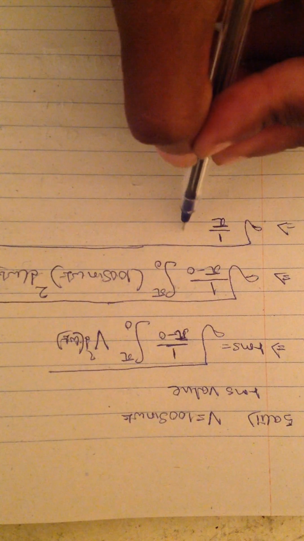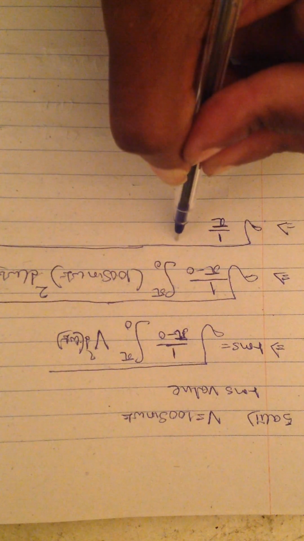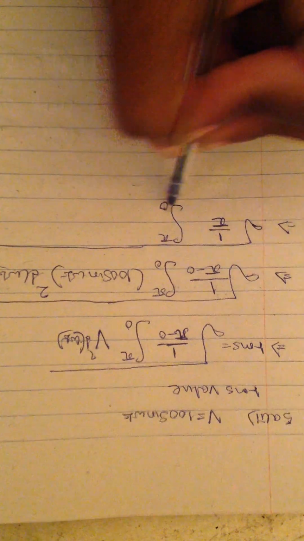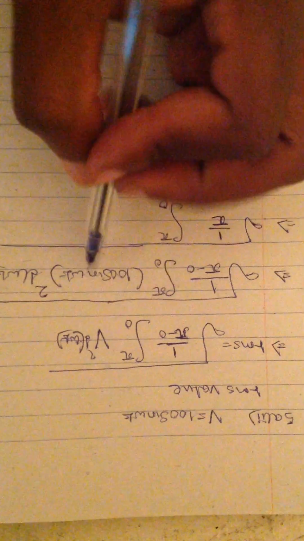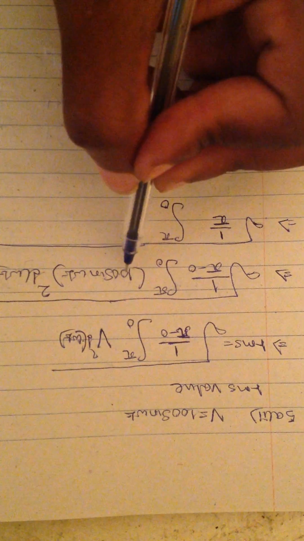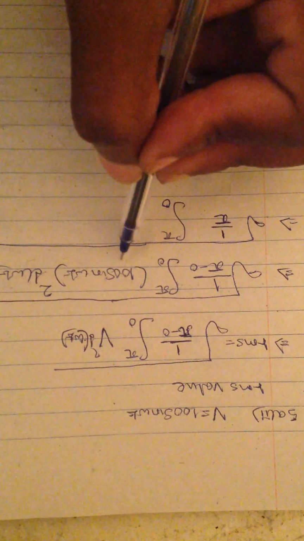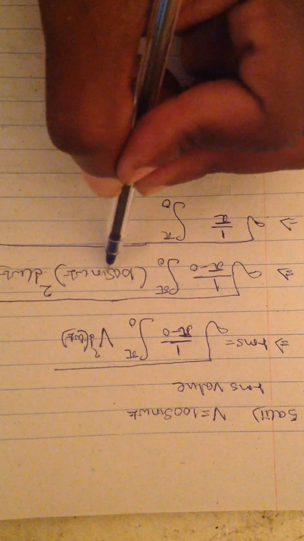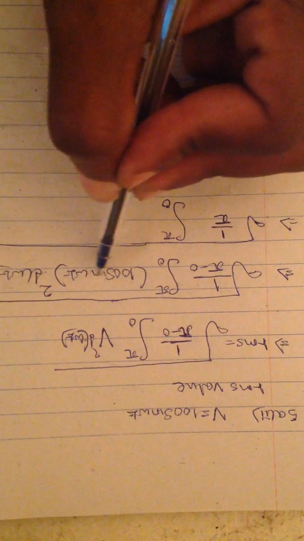Then you have your 1 over pi here, and the integral from 0 to pi here. What are we supposed to do? This one, let's factor out 100 squared. Remember, there's a square here, so we factor out 100 squared so that we remain with the sine squared omega t.